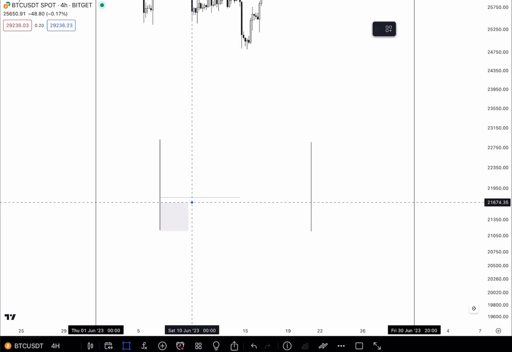Which is why we wait for week 2, not week 1, which is why we use week 3 as a continuation of the reversal that happened in week 2.